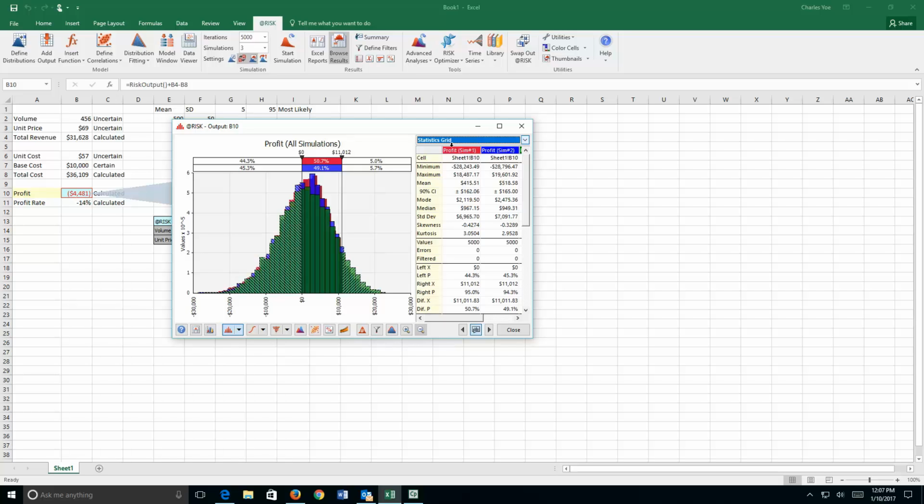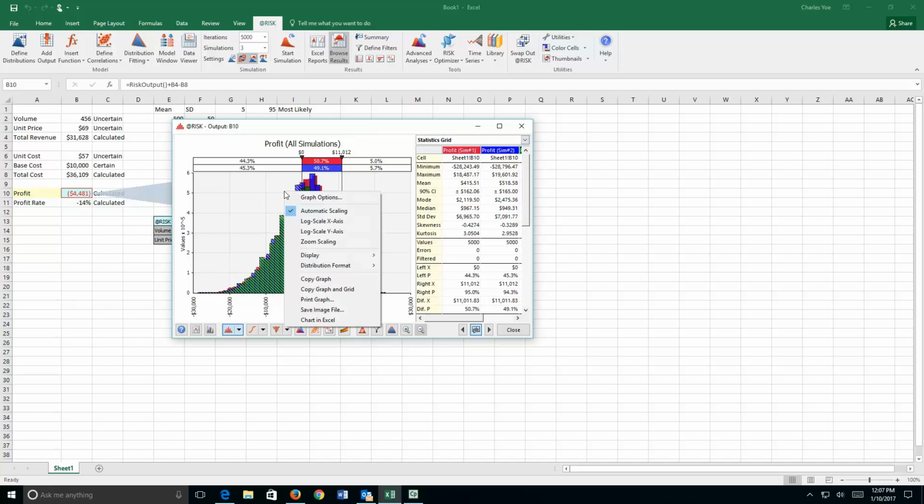So simulation 1 had a correlation coefficient of negative 0.8. Simulation 2 has a correlation coefficient of negative 0.6, and simulation 3 has a correlation coefficient of 0.